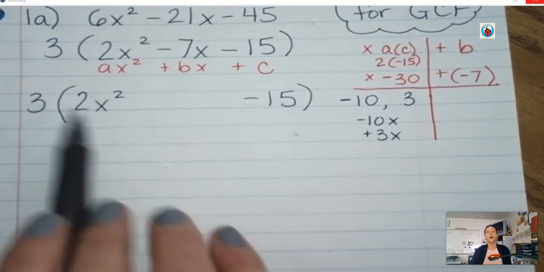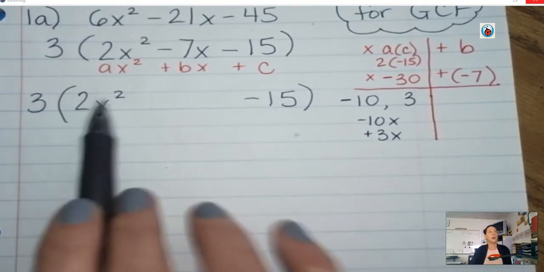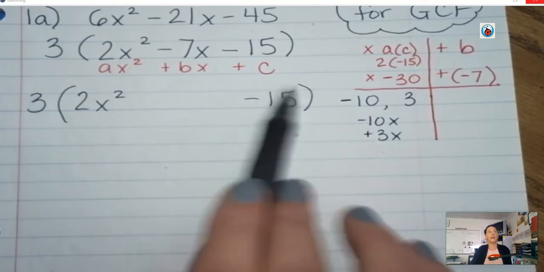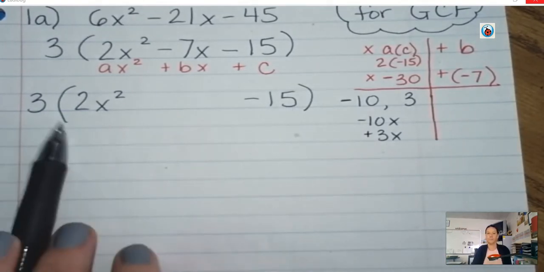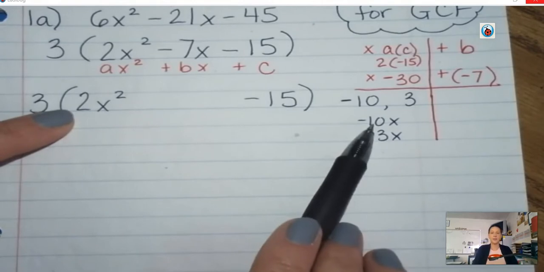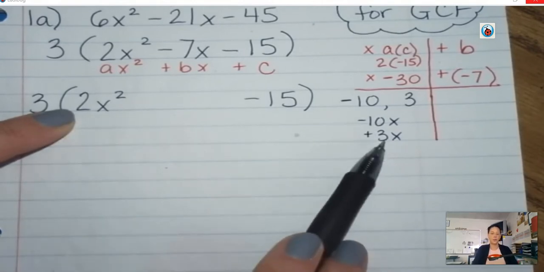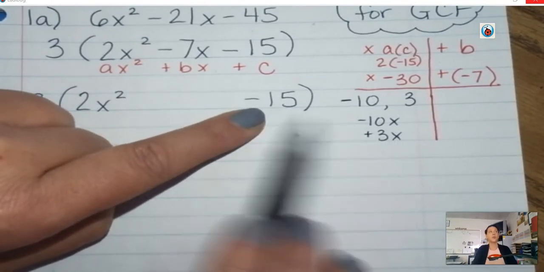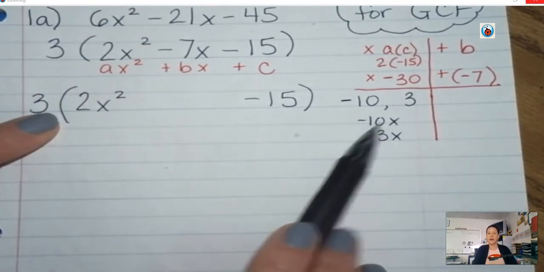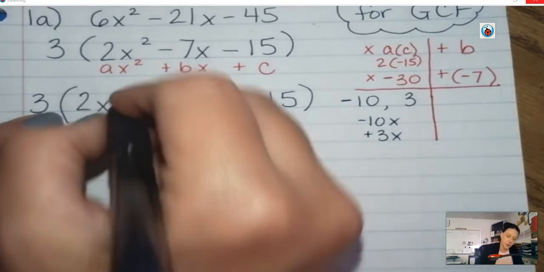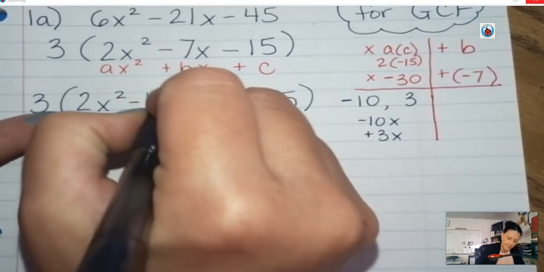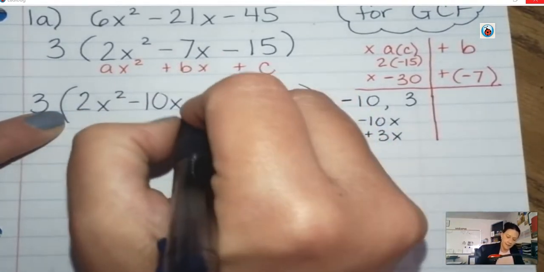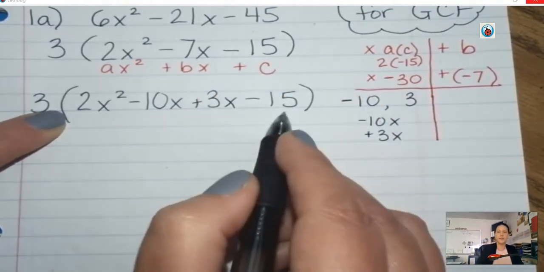Figure out which one of those goes better with 2x squared and which one goes better with negative 15. So the 2 makes sense with 10, but 2 and 3 don't go together. That doesn't make sense. 15 could go with the 3. So let's put the negative 10x with the 2x squared, and we'll put the positive 3x next to the 15.